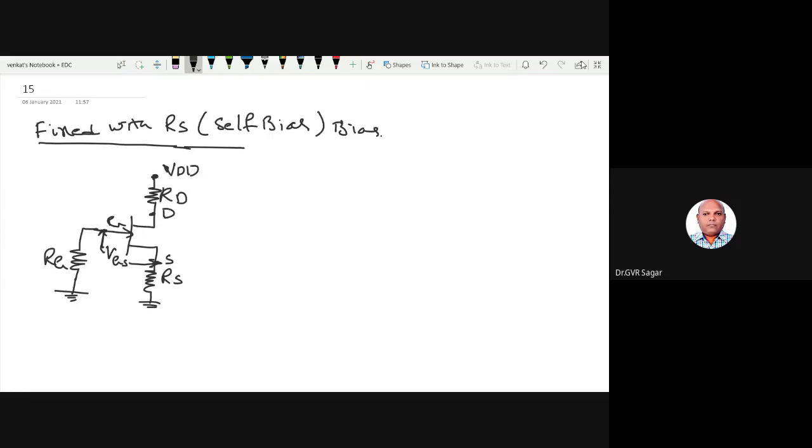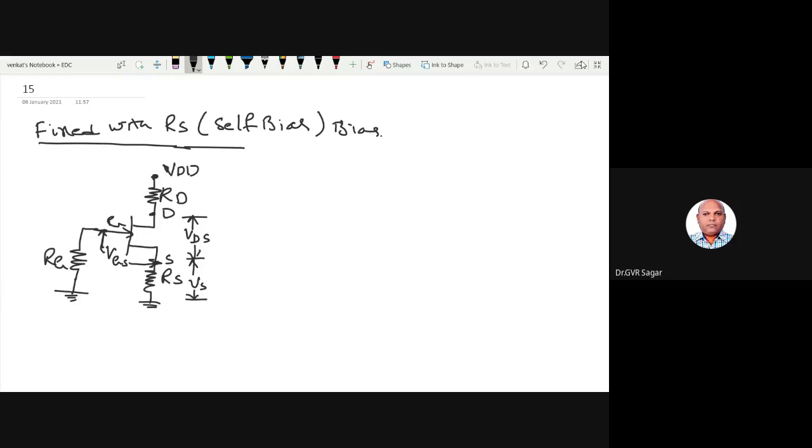So I can call this fixed bias also a source self bias. Is it not? So to go for the analysis of this one, similarly, the voltage across here I am taking as VDS, right? And from here to here, the voltage drop across this I am taking as VS.